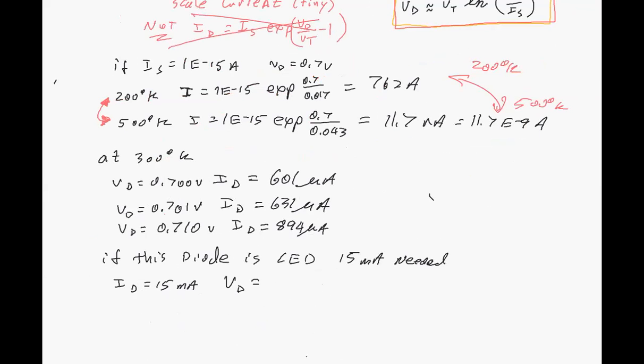VD would be 0.783 volts. If we had 25 milliamps, then VD is 0.796 volts. That's not a large change in voltage. And we have to watch out for that.